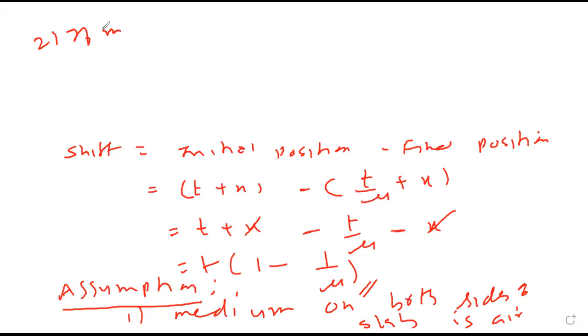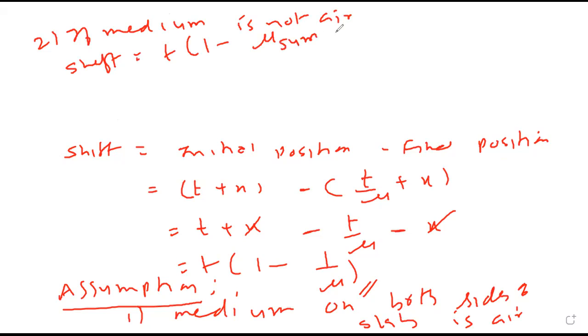If the medium is not air on both sides, then shift will be t into 1 minus refractive index of surrounding medium upon mu of slab. Because it is air, we got 1 upon mu of slab. So this is a very important term to be remembered. Copy this too.